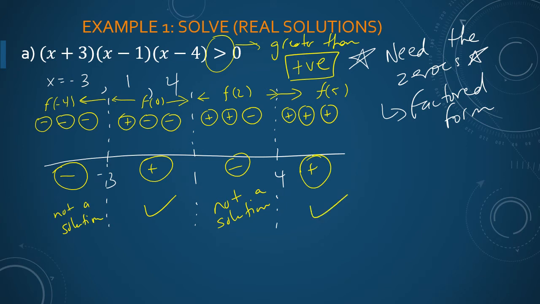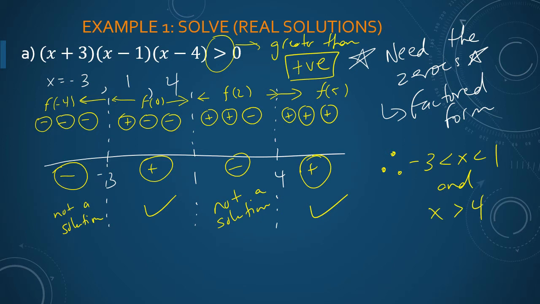So to actually give our answer to solve this polynomial inequality, we have a solution -3 to 1. So -3 is less than x is less than 1. We're not going to put equal to's because it doesn't have an equal to in the question. And x is greater than 4.